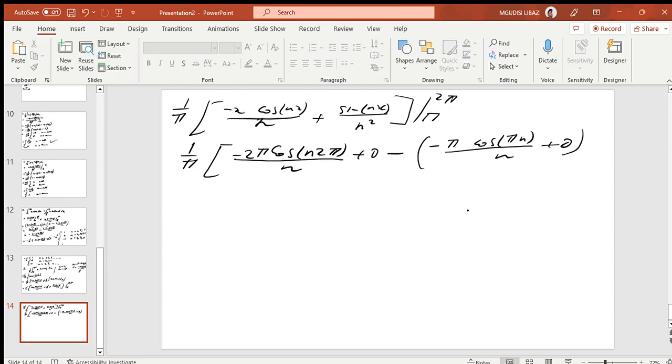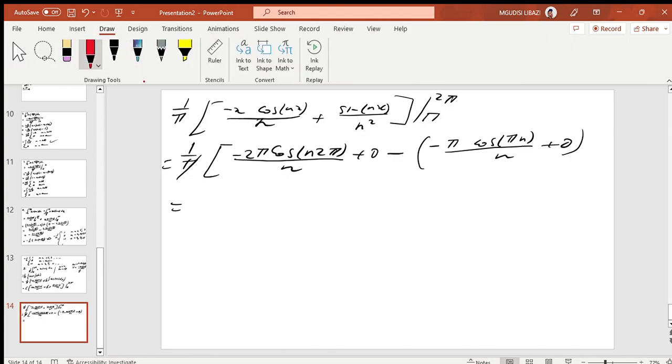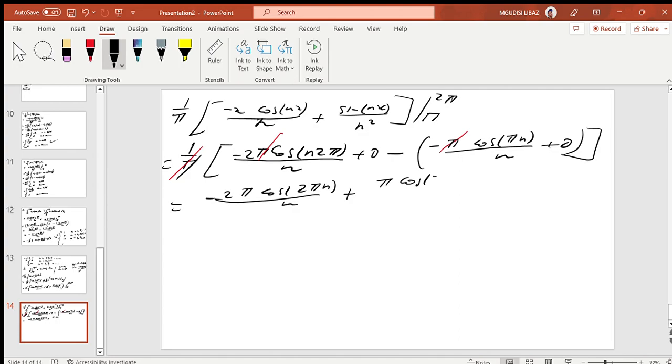So after this, we actually say that this pi cancels. If we multiply the brackets, this pi cancels that pi there. So that means now we are left with negative 2 pi cosine of 2 pi n divided by n, plus pi cosine of pi n divided by n.